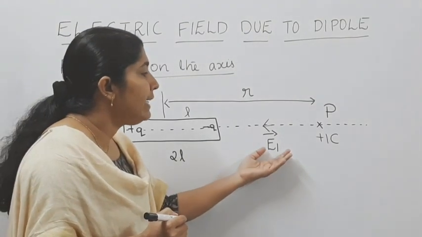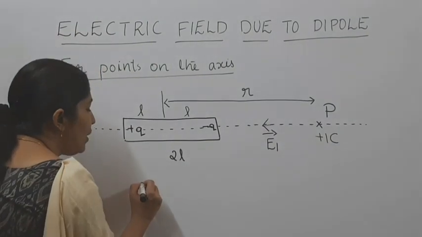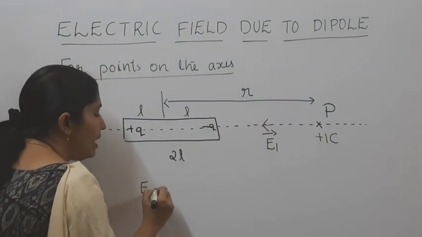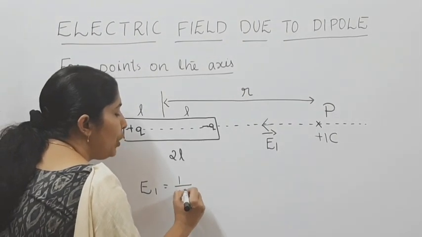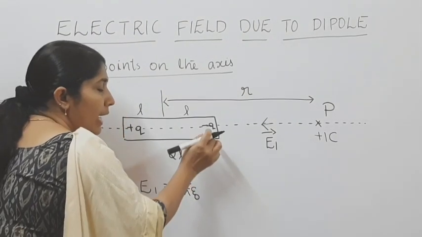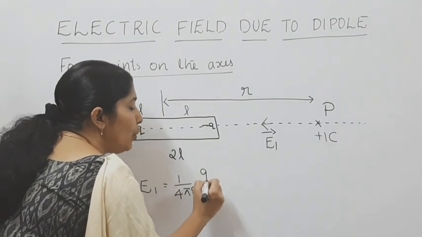Now, what about that electric field E1? E1 is equal to 1 by 4 pi epsilon 0 into q divided by the square of the distance. Here we consider only the magnitude of the charge.